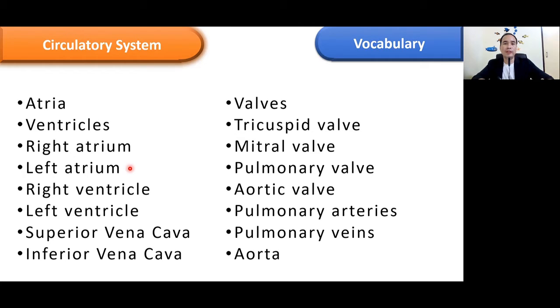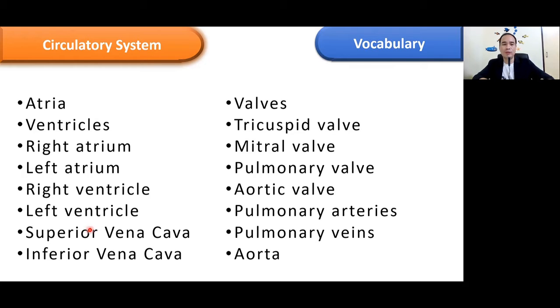Left atrium. Next word. Right ventricle. Next word. Left ventricle.